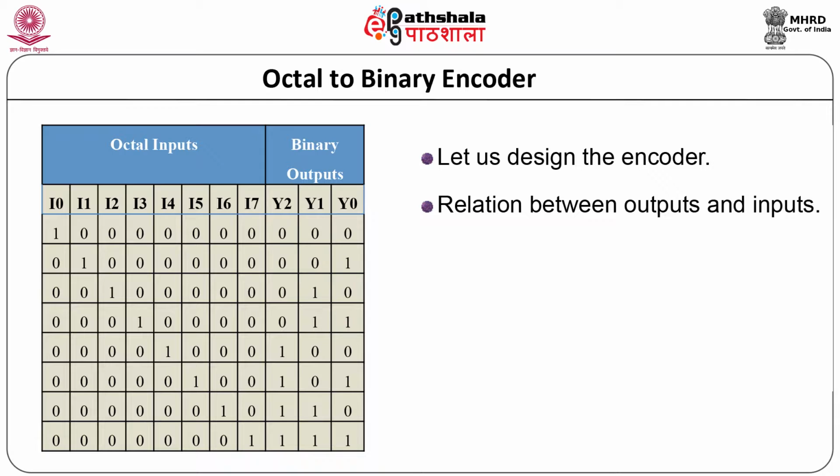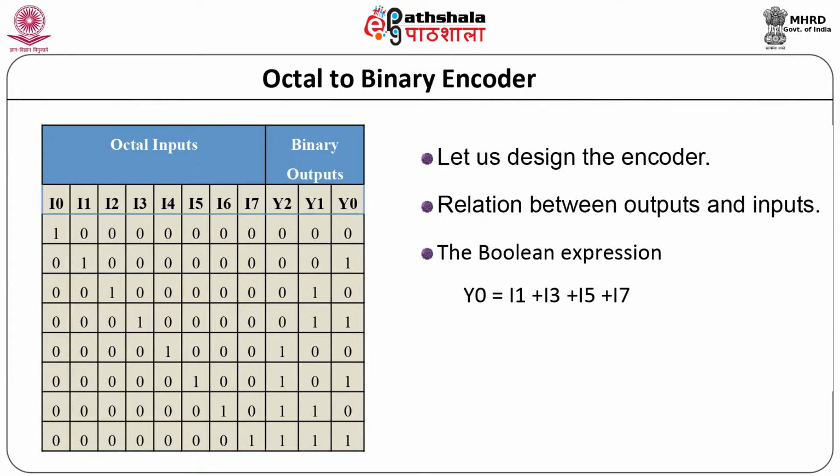Let us design the encoder. As the number of inputs is 8, K-maps cannot be used to derive the Boolean expressions. Hence, the Boolean expression can be directly derived from the truth table by visual inspection. Let us obtain the Boolean expression for each output. Output Y0 is 1 if any of the inputs I1 or I3 or I5 or I7 is 1.